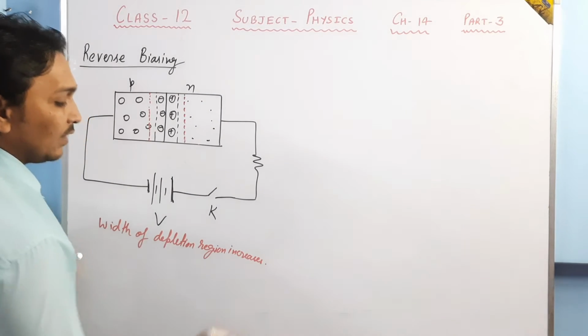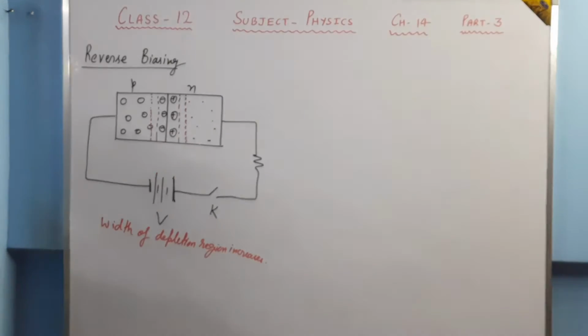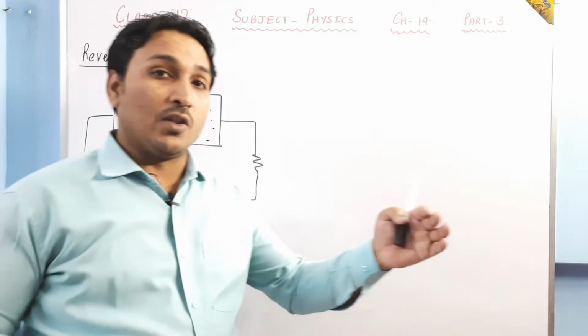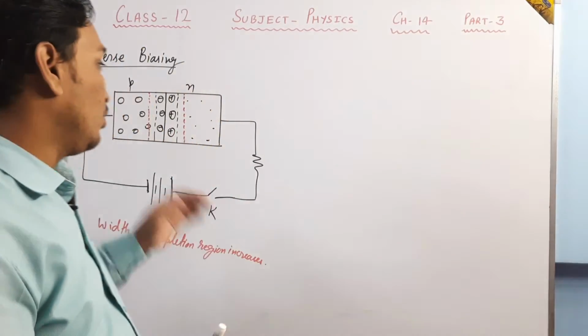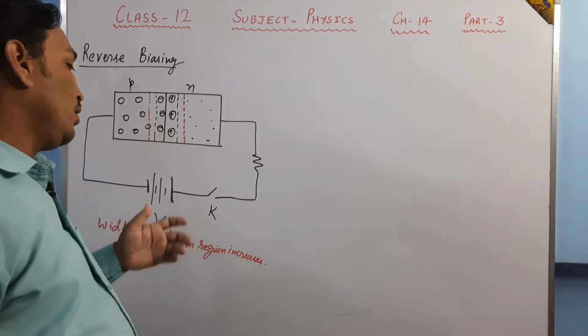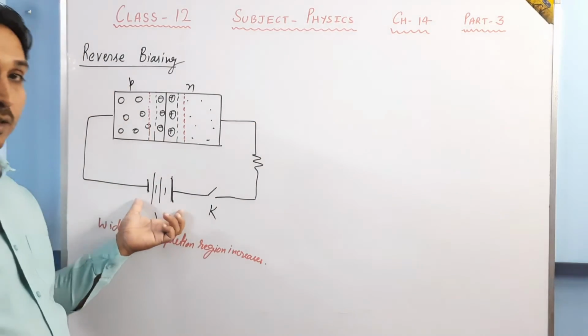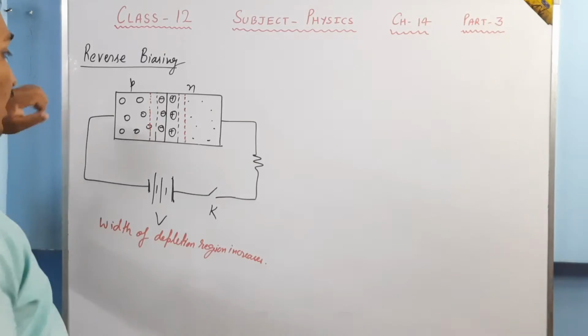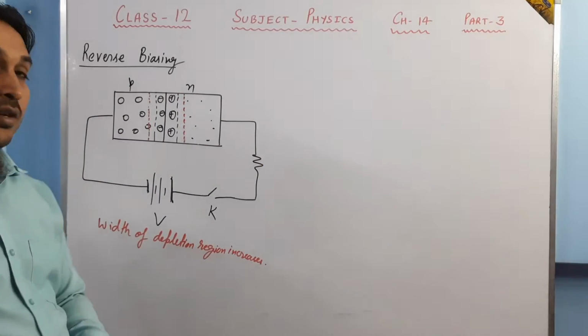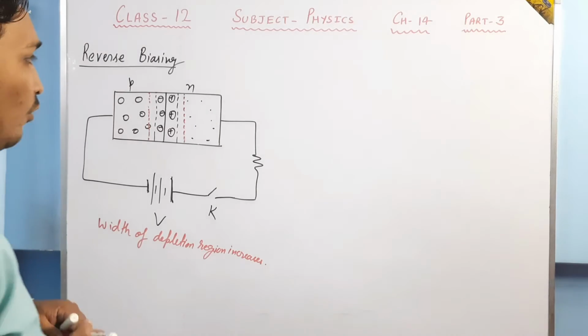Okay, width increases. In reverse biasing, this is the main point. In forward biasing, what was happening? The width of the depletion region decreased because holes were pushed towards the junction, electrons were pushed towards the junction. But because of this biasing, with this negative, holes are pushed away, electrons are pulled away. So the width of the depletion region increases.